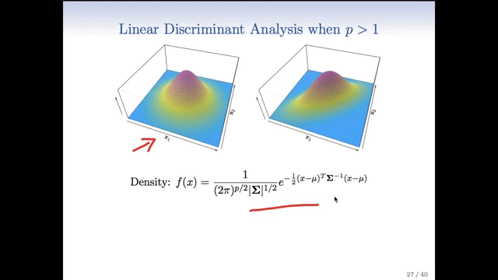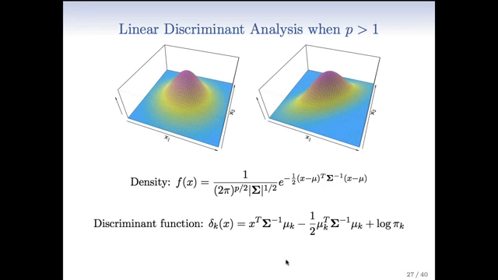Anyway, this is just a generalization of the formula we had for a single variable. This here is called a covariance matrix, and if you stare at this formula and the previous formula, you'll see that there are somewhat similarities, especially if you know a bit of vector algebra. If you go through the simplifications, if you know your linear algebra, you can do the cancellation similar to what we did before.